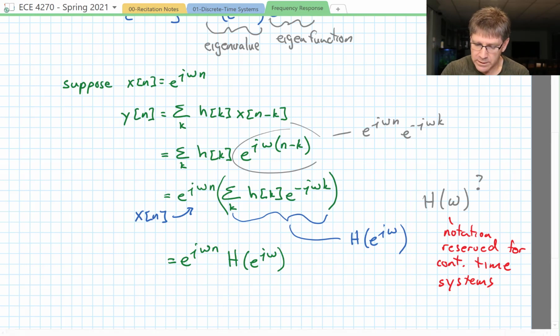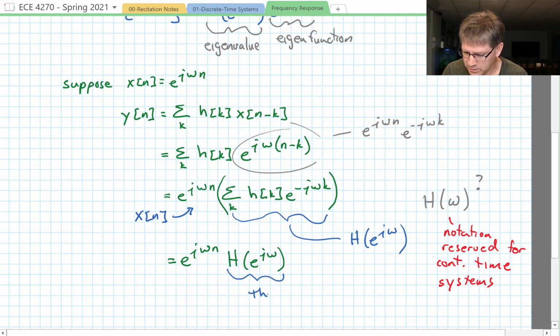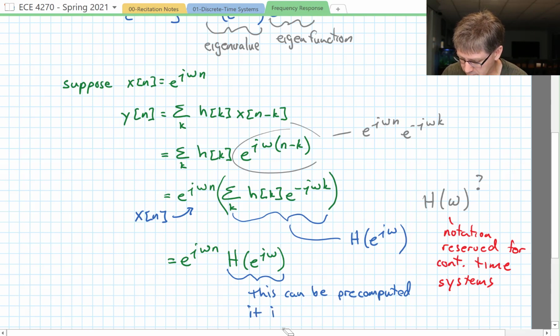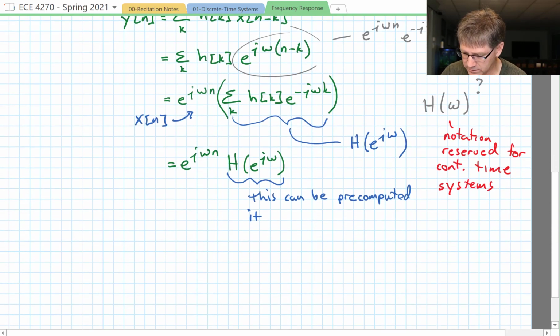So this can be pre-computed. And it exists whenever that sum converges. So we have to worry about such things.